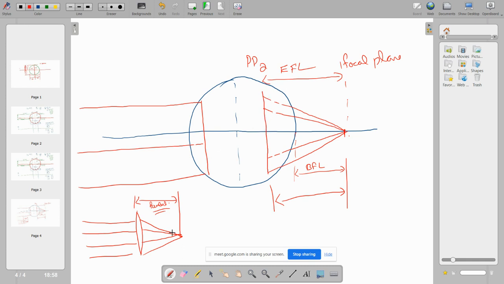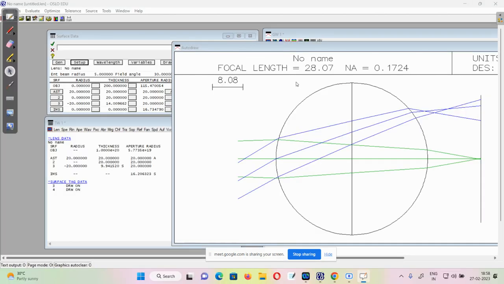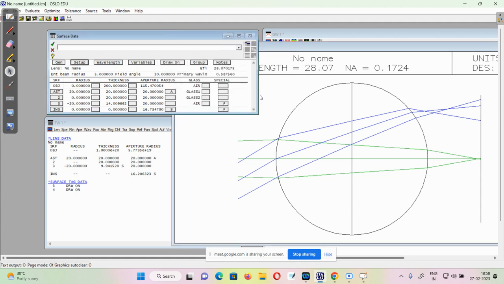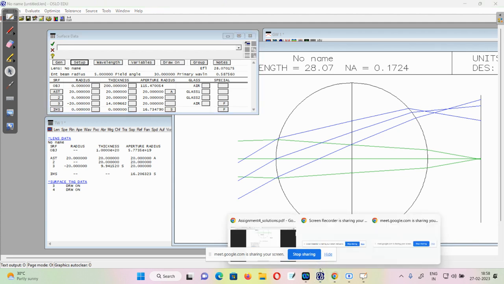Oslo already calculated this one. Whatever you are given is 28.07. This is the effective focal length. So that is the question. Instead of asking what is the effective focal length of the system, they just asked what is the distance between your principal point 2 and the focal plane.